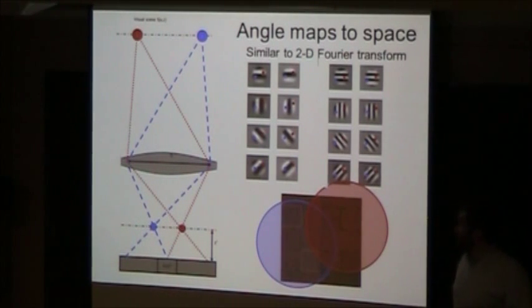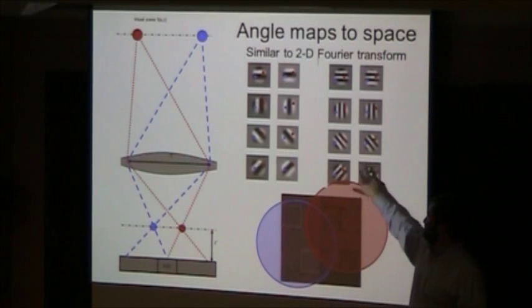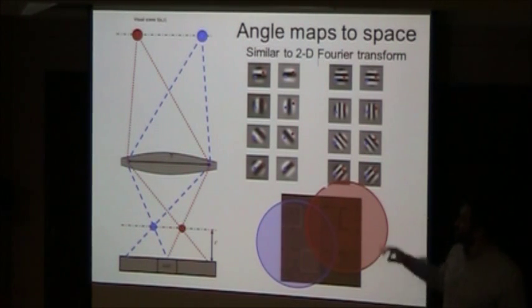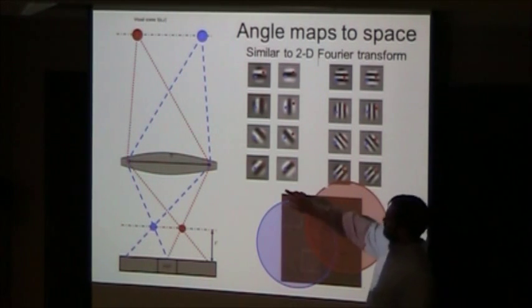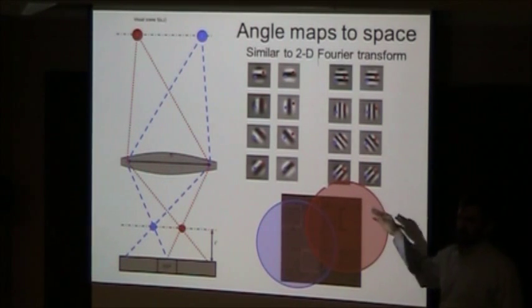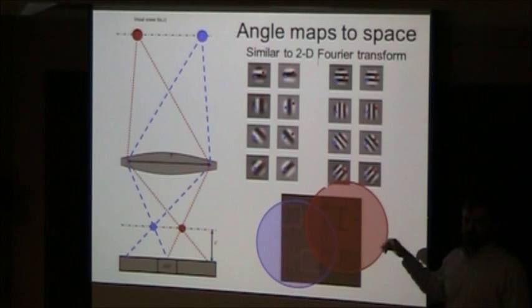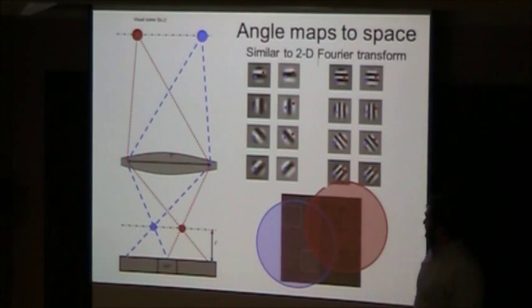And one thing you'll notice here is we have a whole bunch of different representations of the same information, each of them being weighted differently. And furthermore, those different representations look a lot like a local Fourier transform. If each of these were one coefficient from a 2D, it's not actually a Fourier transform, it's more like a Hartley transform, but a 2D local Hartley transform of an incoming angle.